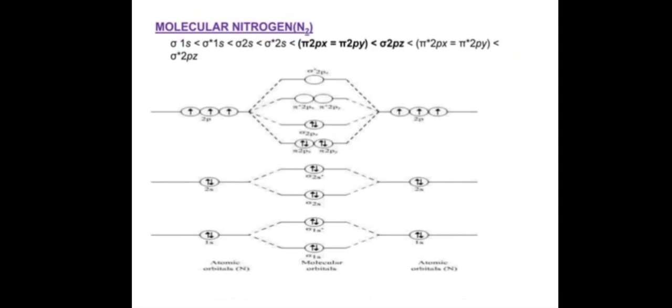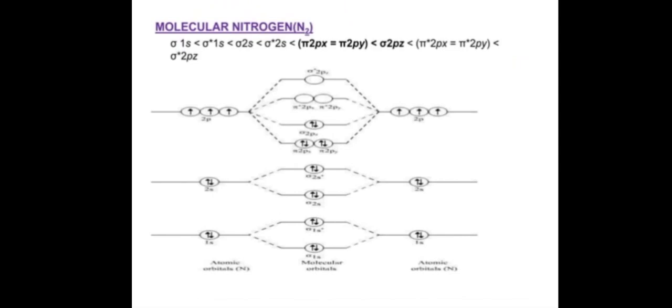And a very important value is given for bond length, that is 110. So this is the bond length of nitrogen molecule. Least bond length, highest bond dissociation energy. And if we go for the next important aspect, that is its magnetic property.